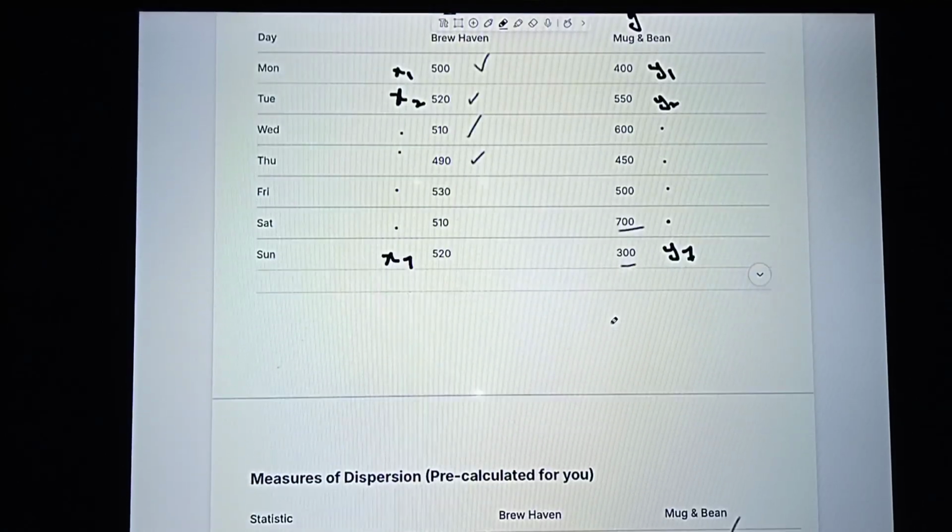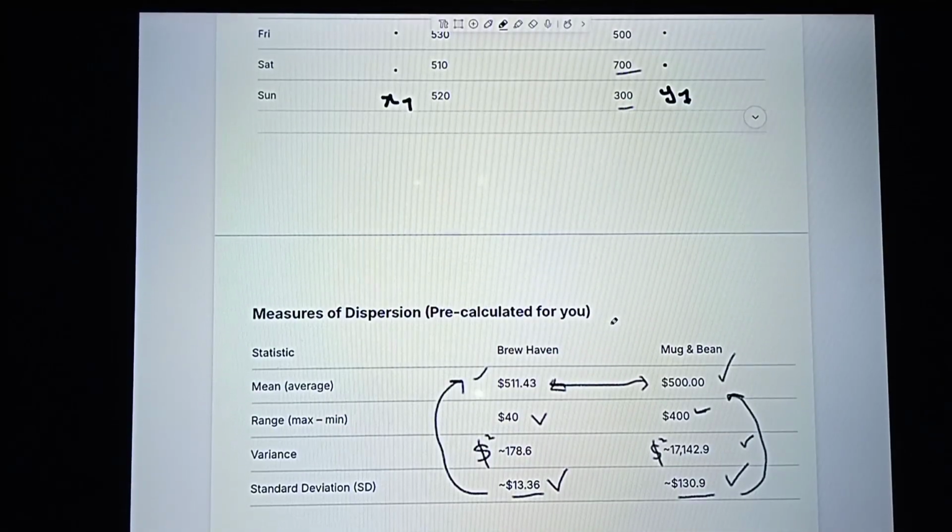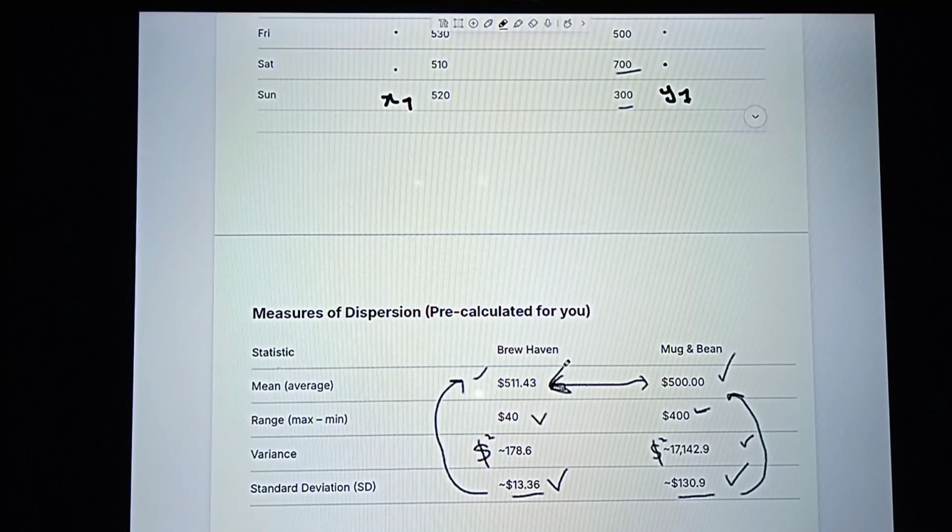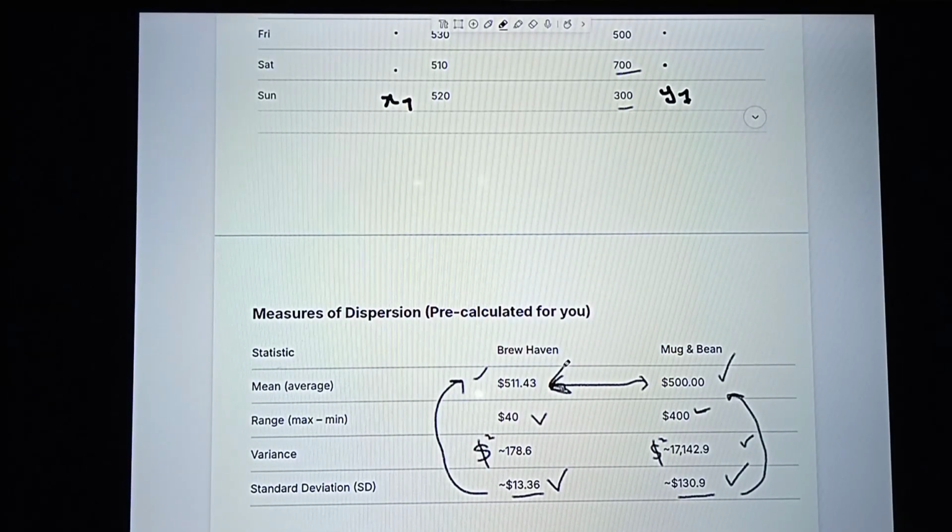So the mean tells us the center of the data, while range and standard deviation tell us how reliable the average is.